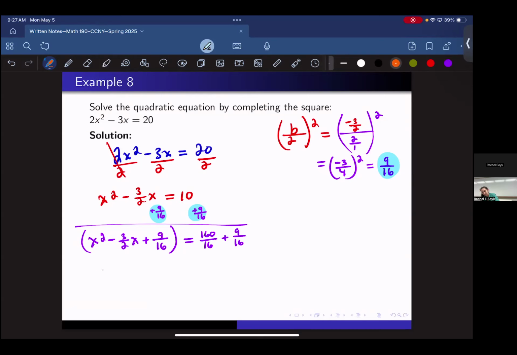So that left-hand side, look at your yellow, this is where that comes in, is just x minus 3 over 4 in parentheses squared is equal to 169 over 16. Now we're back to our good old square root property.